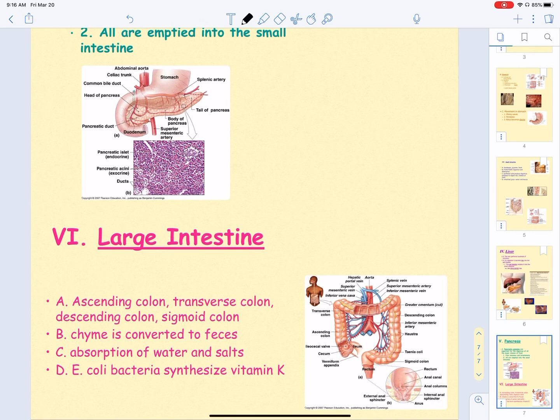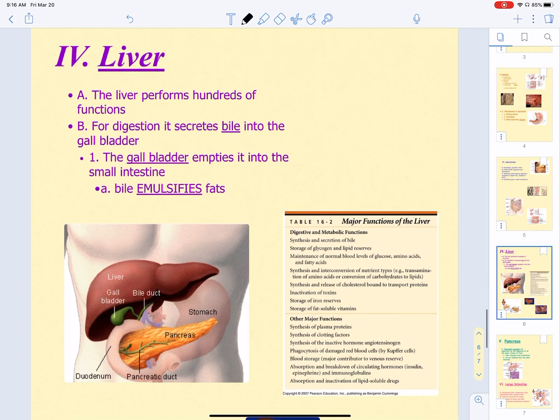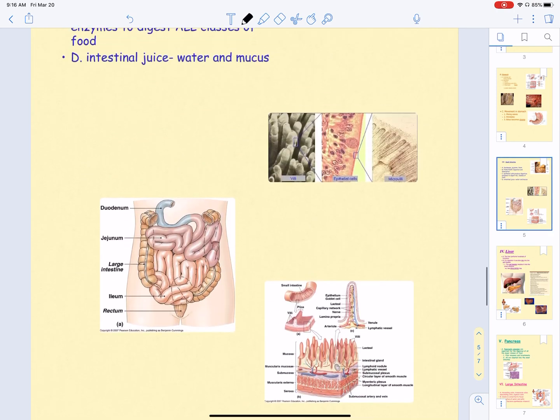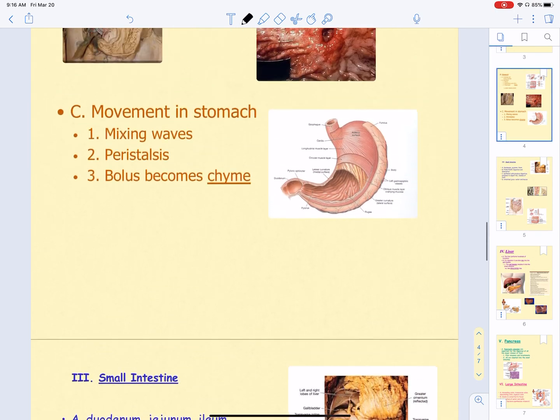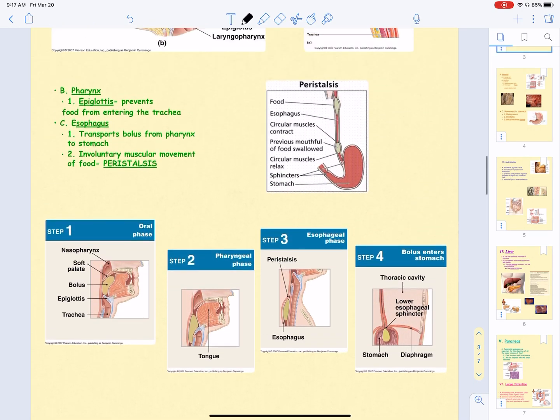So here goes. I'm going to cover the digestive system in 7 slides. And in those 7 slides, I'm going to cover the large intestine, the pancreas, the small intestine, the liver, and the stomach. But we're first going to start in the mouth.